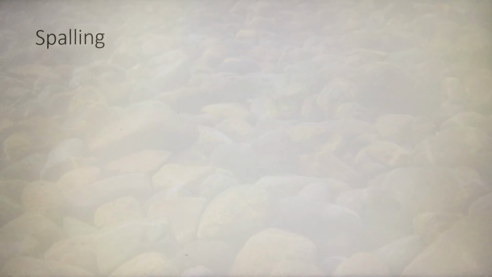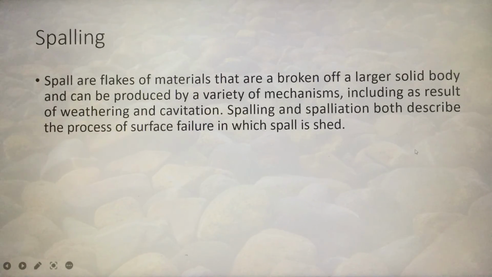Spalling. Spalls are flakes of material that are broken off a larger solid mass and can be produced by a variety of mechanisms, including as a result of weathering and cavitation.